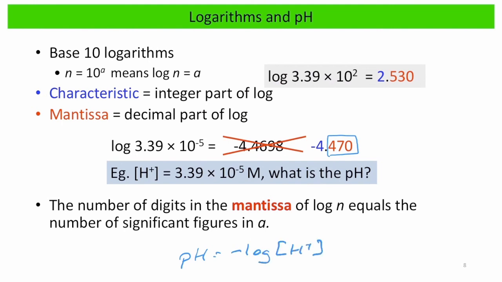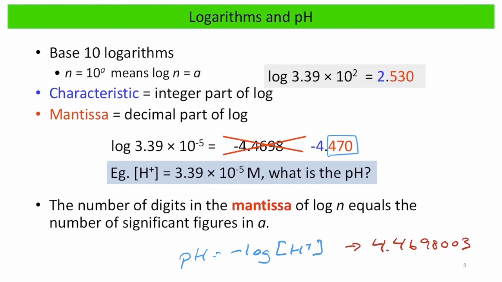So if we take the negative log of 3.39 times 10 to the minus 5, we're going to get a number like this, 4.4698003.